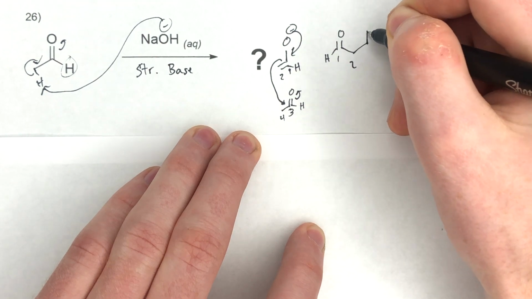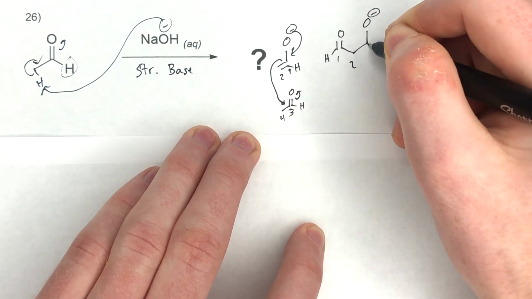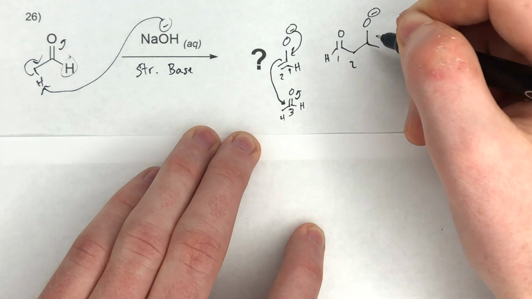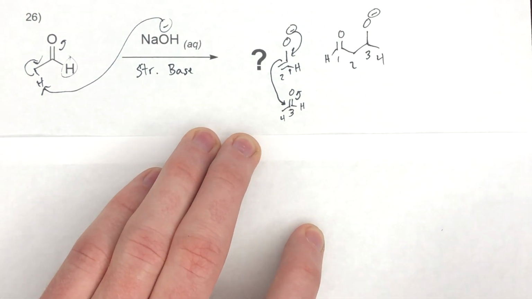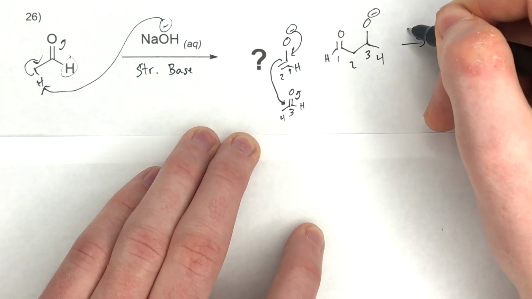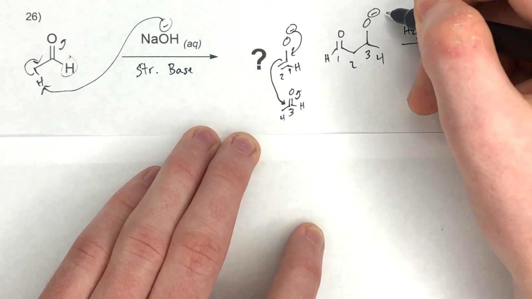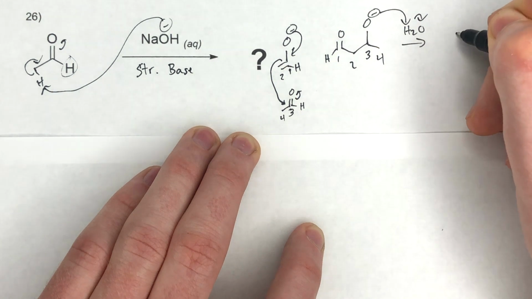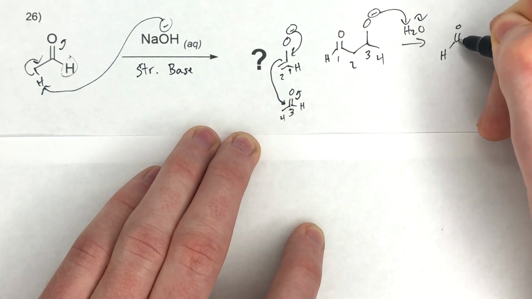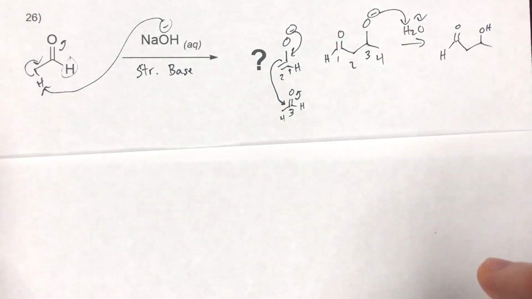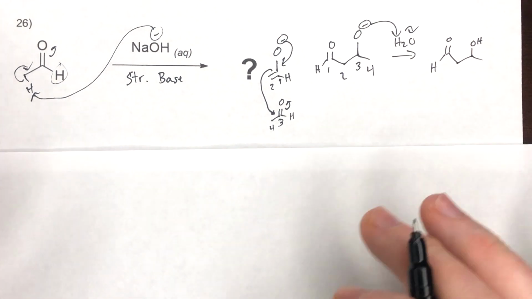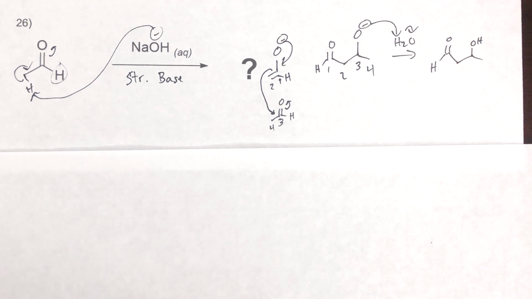That's bound to 3 now, which is the O minus, and then the hydrogen, carbon and the hydrogen there. All right. You get this structure. Then you, of course, will protonate and get your final answer, which is this. So again, if you're wondering where that water came from, it was from the deprotonation event in the very first step. But this would be your final product for this question.